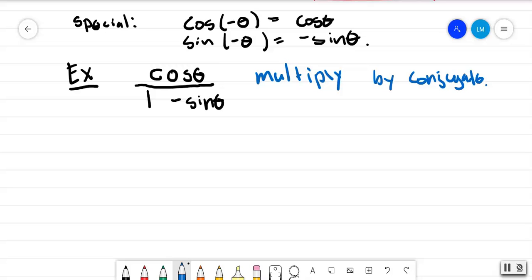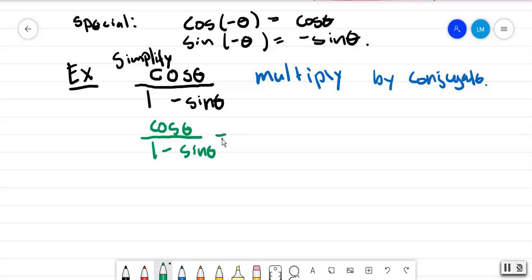Okay, so typically some questions might ask you to rewrite or to simplify. Now, what we'll do is say we have cosine of theta, and that's all divided by 1 minus sine theta. And this is equal to, well, actually, let's not use equal. Okay.